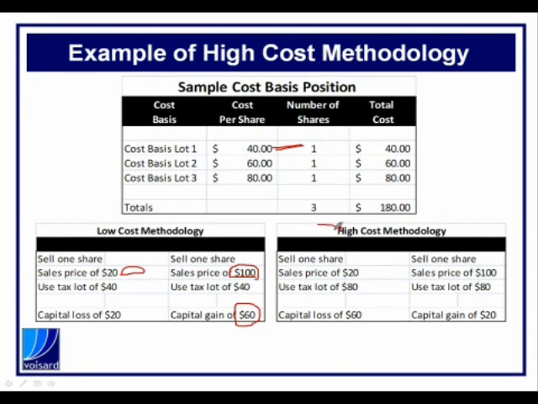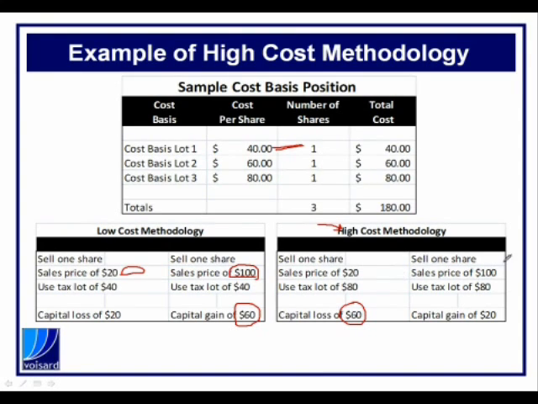Alternatively, if we use this high-cost methodology here, doing the same thing, if the price does go down and you have a sales price of 20, and we use the high cost, then we get to recognize a tax loss of $60. Well, that's valuable to you when you offset that with other capital gains.